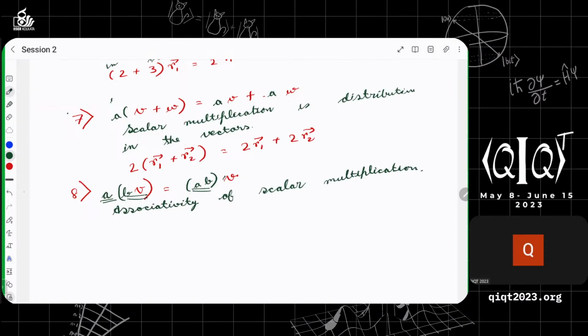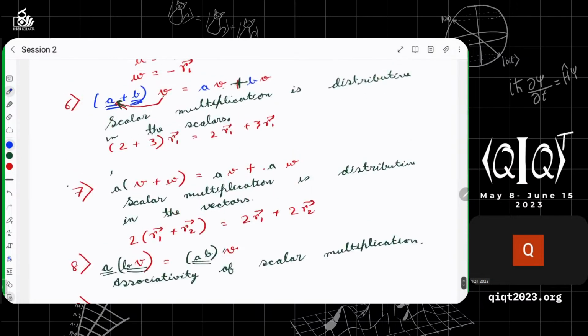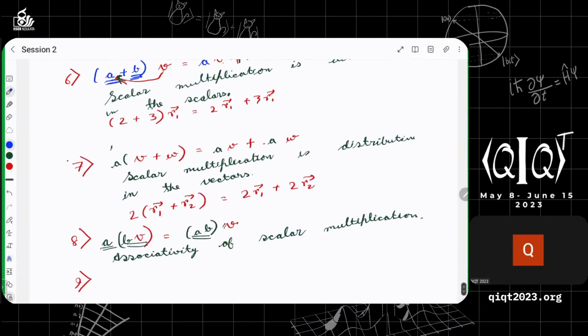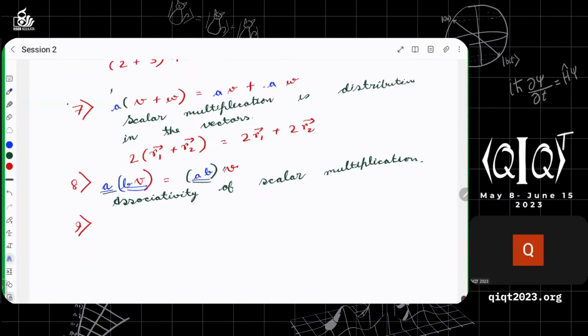And the final, or rather, okay, I think I have sort of messed up my color notations. So what I'm trying to do is represent all the scalars by blue and all the vectors by red.